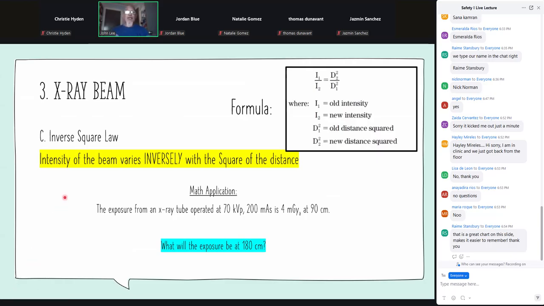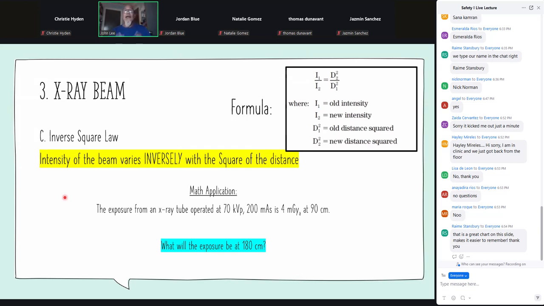So the first formula we look at in physics, in most cases, other than the wave formula or the electromagnetic wave formula, is the inverse square law. And the inverse square law basically states that the intensity of the beam will vary inversely with the square of the distance from the source of radiation.